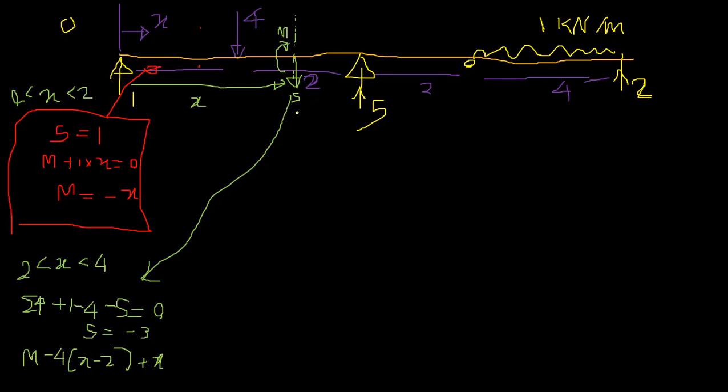So that's it, right? That's going to be M is equal to 3x minus 8. So this is the summation of moment is 0. M is equal to 3x over 8, right?